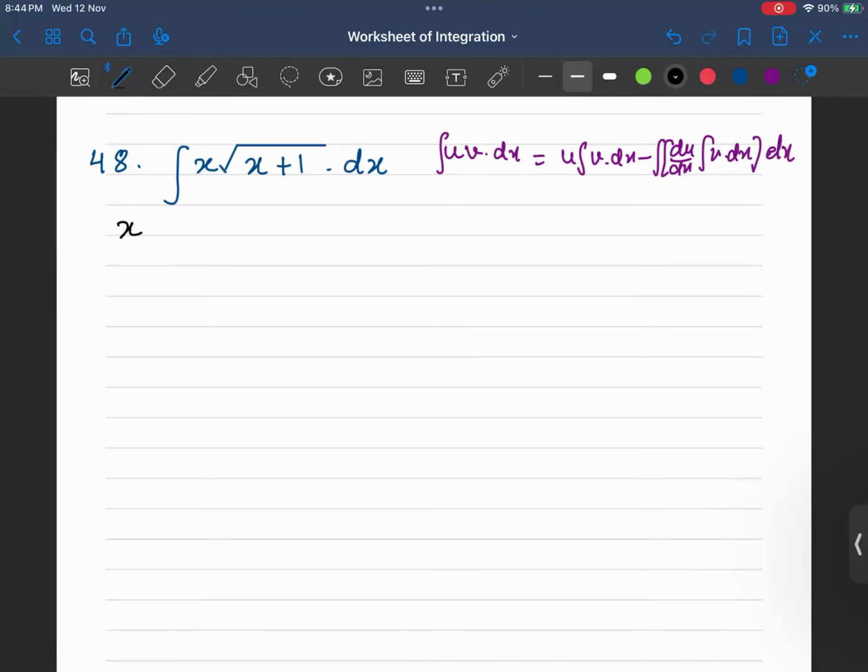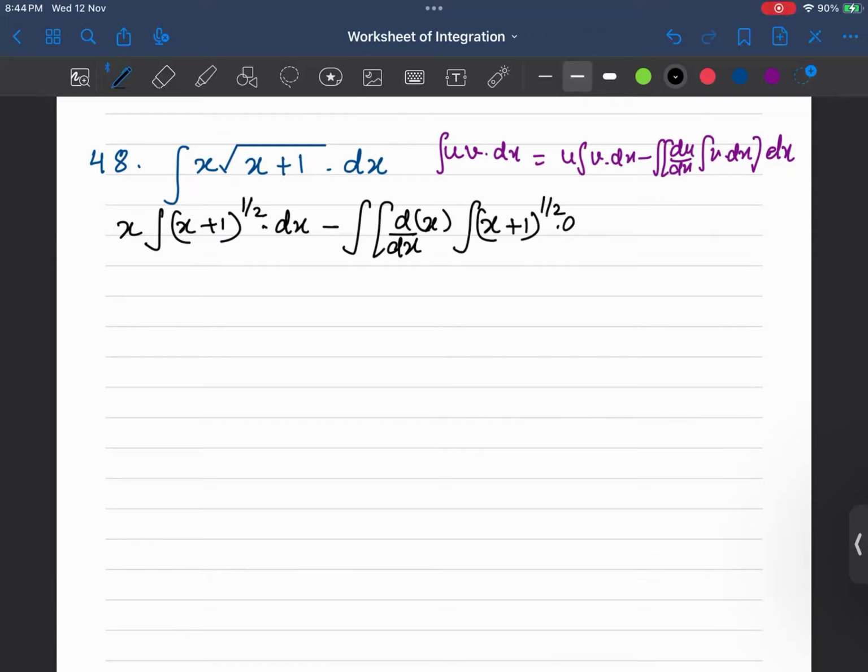Keep x as the first function, and the integration of root of x plus 1, that is x plus 1 power half dx, minus the integration of d by dx of the first function, which is x, multiplied by the integration of the second function, which is x plus 1 power half dx, then total dx.